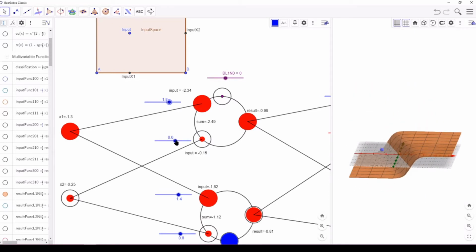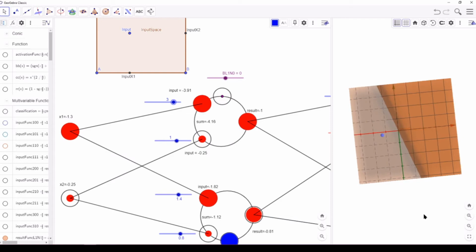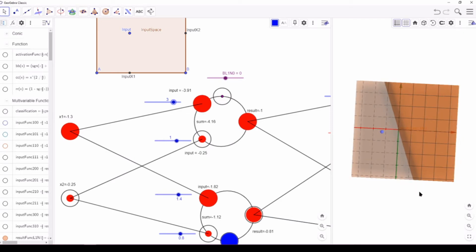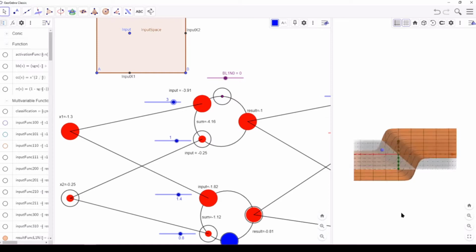We could make it with higher values, so this one could be 1 and the other could be 3. And there the zero crossing is on the same line, but the transition is not that smooth anymore.